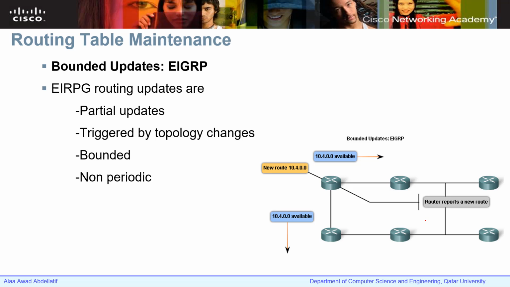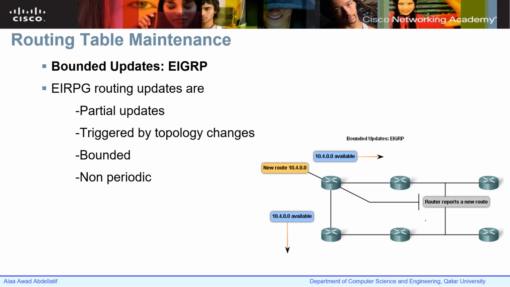In Enhanced IGRP, or EIGRP, one of the different routing protocols inside the category of distance vector routing protocols, this is the only exception for the distance vector routing protocols. It's a distance vector routing protocol, but it's an exception case because it tries to enhance these periodic updates. So in EIGRP, the routing updates will be partial updates.